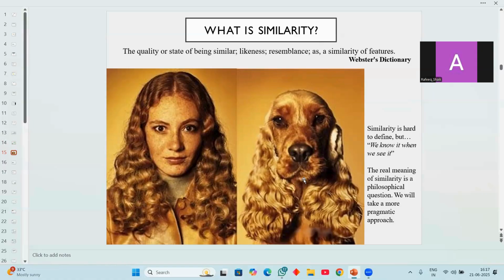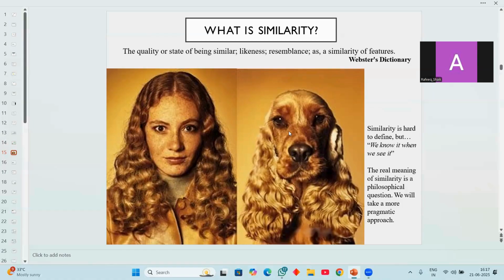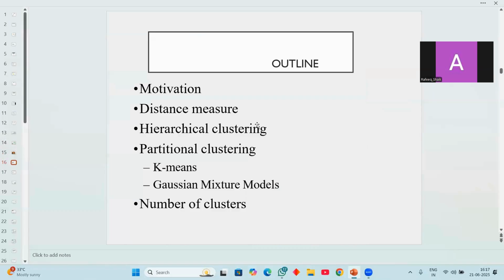The real meaning of similarity is a philosophical question, so we will take a more pragmatic approach. The structure is the same but the face structure is slightly different, while the remaining structure is the same. Both images are different, and that can be found easily using clustering.